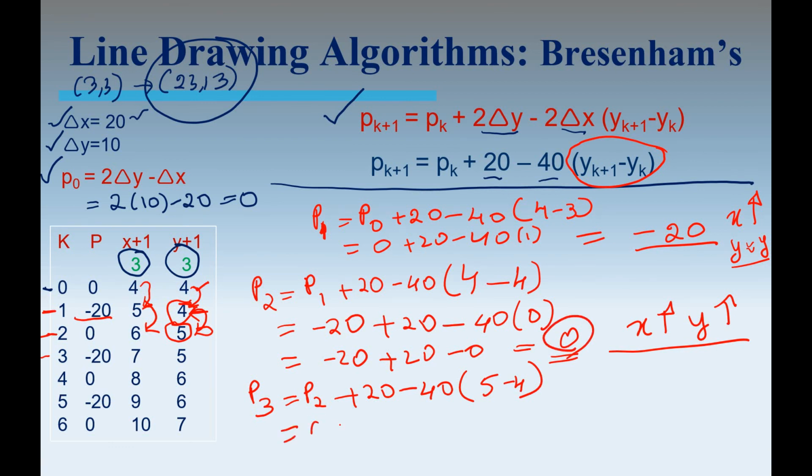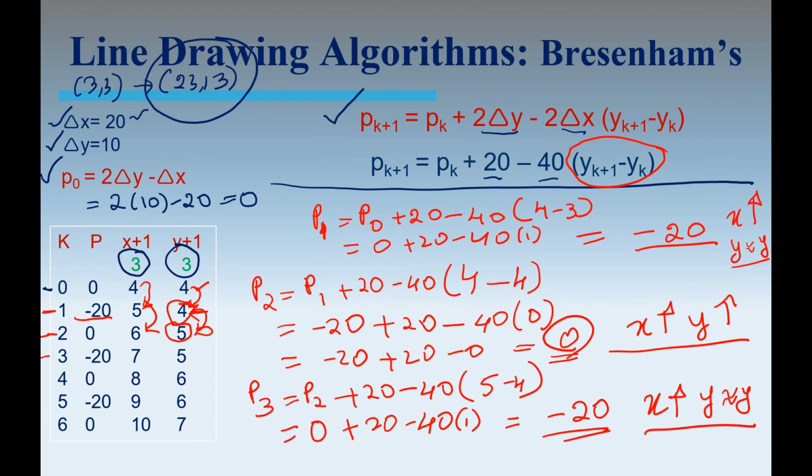Here we get 0 plus 20 minus 40 into 1. If we calculate this, you will get minus 20. So when we get minus 20, what do we do? X will be incremented, y will be the same. So x will be incremented by 1, from 6 to 7. Y will be the same, 5 and 5.